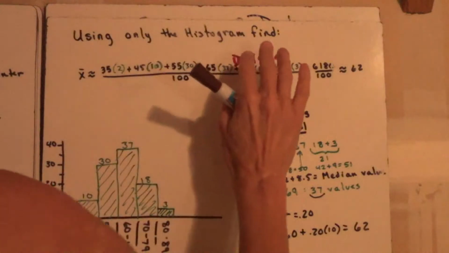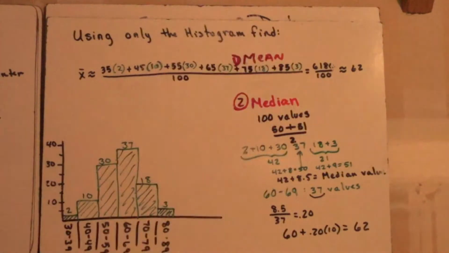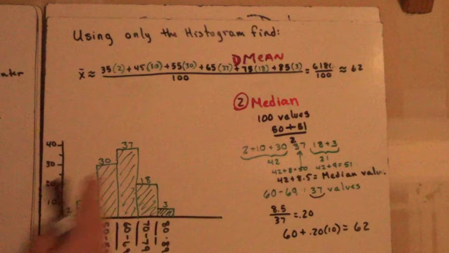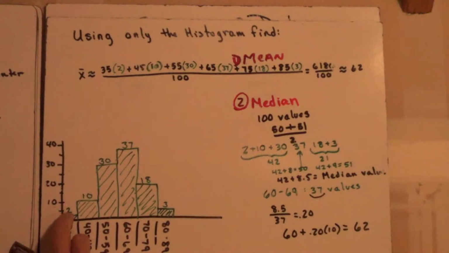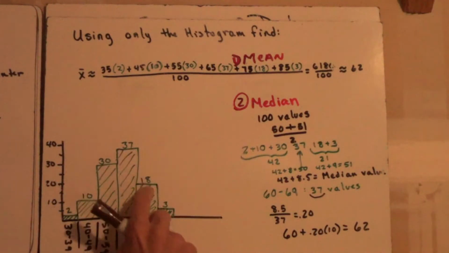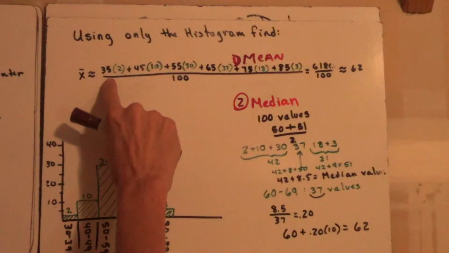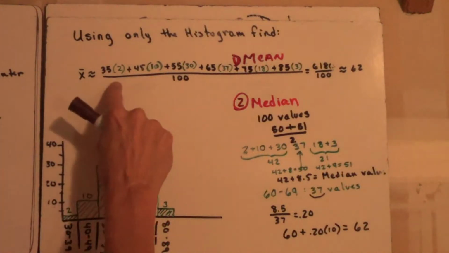Using only the histogram, first find the mean. I want to explain how we do this. I've written it all out so that you can pause the video and write this in your notes and ask questions. Looking only at the histogram, the first thing I do is put a number value above each column. Then to find the mean, I take that range, and the average between 30 and 40 is 35, so I just take the middle of it, 35, multiply it by 2.